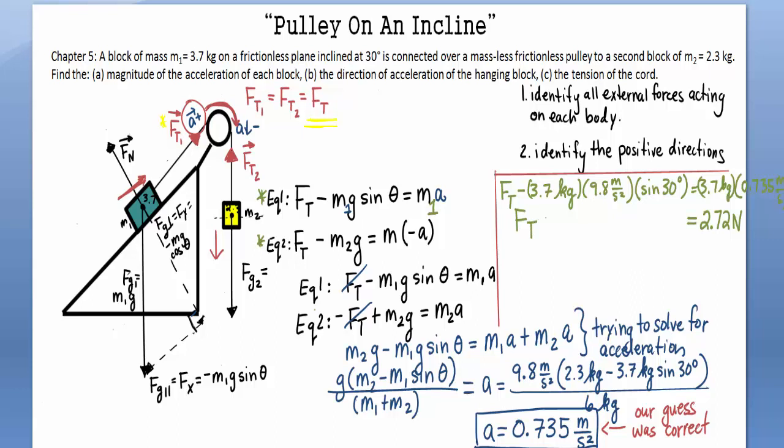We have Ft minus, let's see, the sine of 30 is 1/2. So that would be 9.8 divided by 2 times 3.7, and that is equal to 18.13 newtons. So let me bring this 2.72 closer.